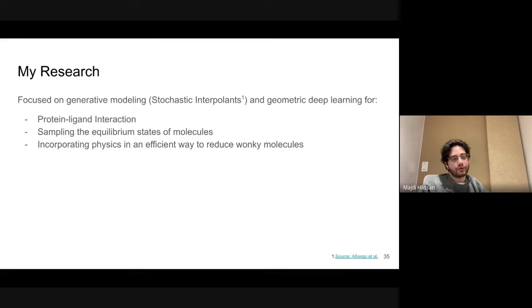So I'm hoping to push that field a little bit further, and we're going to work on trying to incorporate this physics a little bit more in my research.